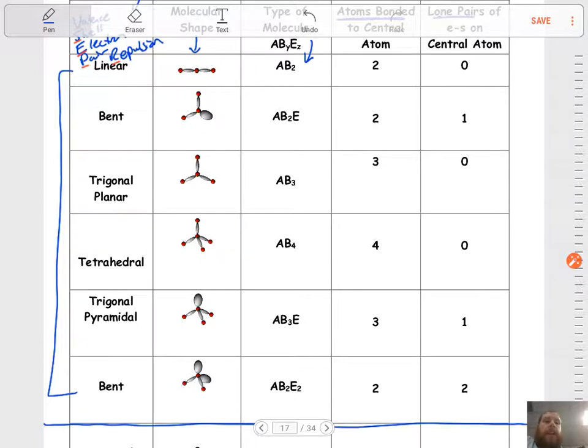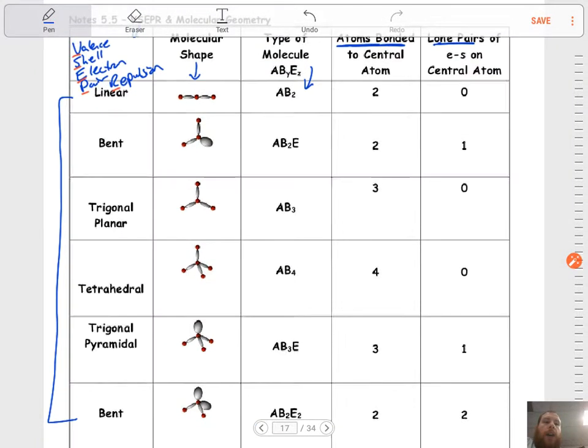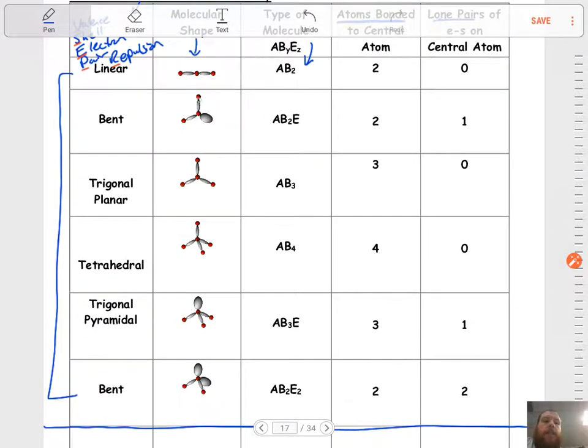So the first one is linear, straight line, where you've got 3 molecules and they are just kind of, again, in a straight line. The first bent, okay, you can see you've got an atom here, in the central atom. Whenever you see these balloons like this, that represents a lone pair of electrons.